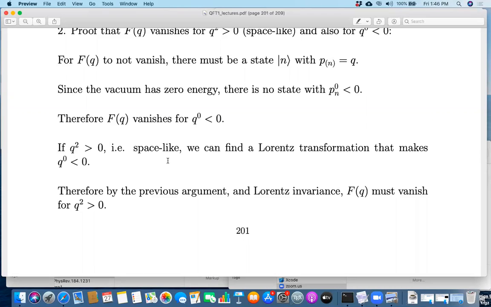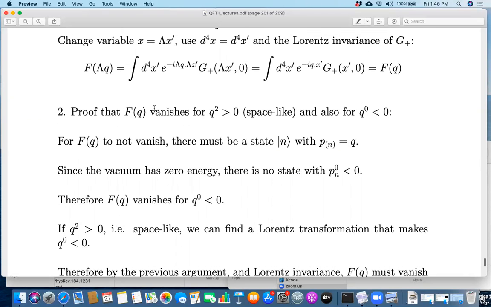And then, using the fact that f is Lorentz invariant, that f of q and f of lambda q must take the same value, it follows that f must vanish also for the original momentum, for which q0 might have been positive, but for which q square is positive. So that by Lorentz transformation, you can make q0 negative.